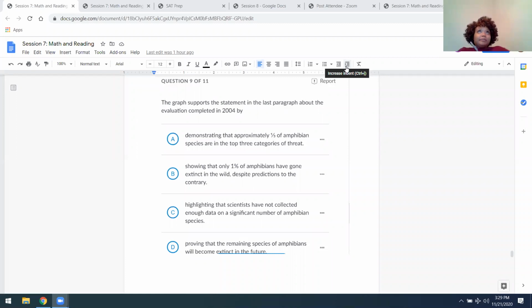Is that because of the coronavirus, or was that already in practice before? No, that was because of coronavirus, because of COVID.